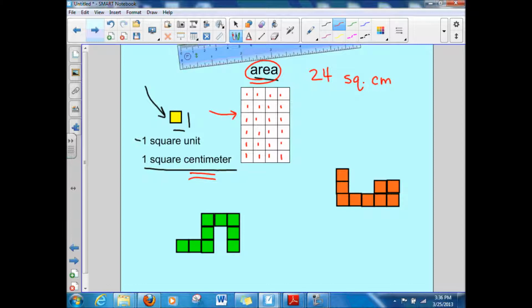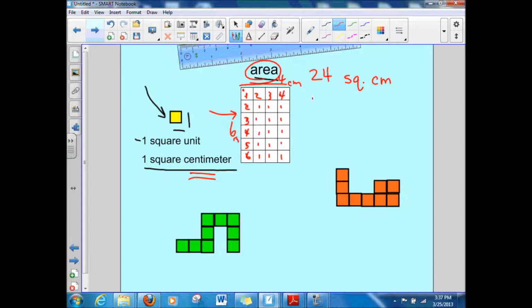We could have 4 across the top. 1, 2, 3, 4. There are 4 there. And if we count down from this first block, 1, 2, 3, 4, 5, 6. Oh, it's 4 this way and 6 centimeters that way. I should say 4 centimeters and 6 centimeters.